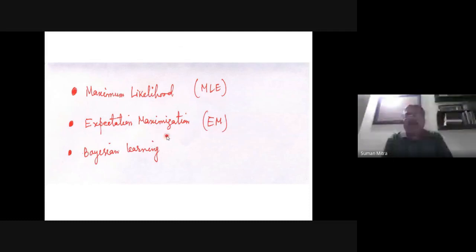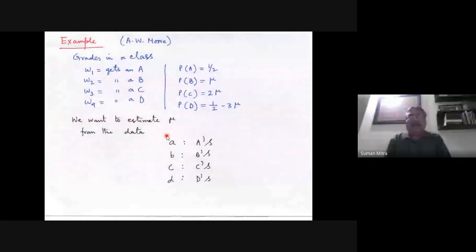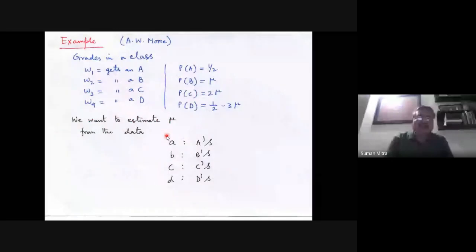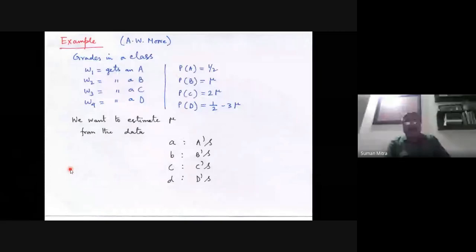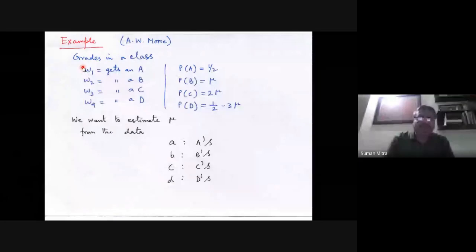To understand maximum likelihood and expectation maximization, we take two examples given by A.W. Moore. First let us think about the examples and then we will go into the Gaussian. The example says that in a class, the instructor gives grades to the students.